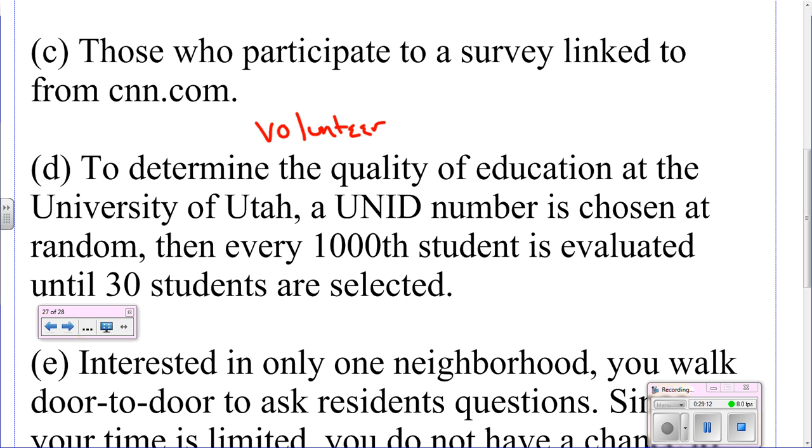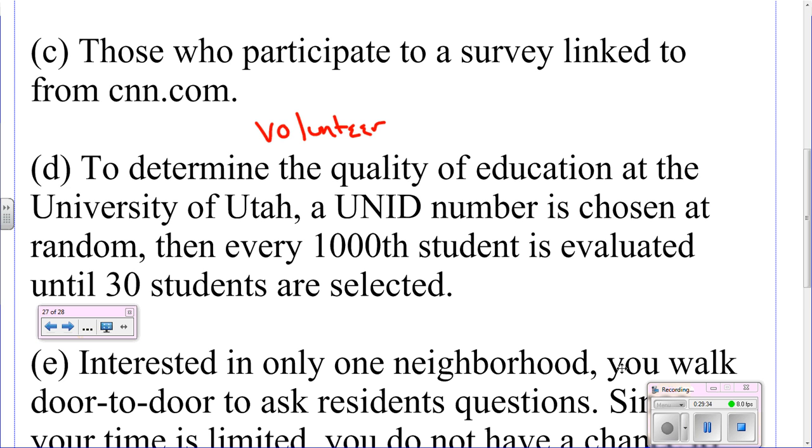To determine the quality of education at the University of Utah, a unit number is chosen at random. Then every 1,000th student is evaluated until 30 students are selected. So this would be like a university ID number is chosen at random, and then every 1,000th student after that.